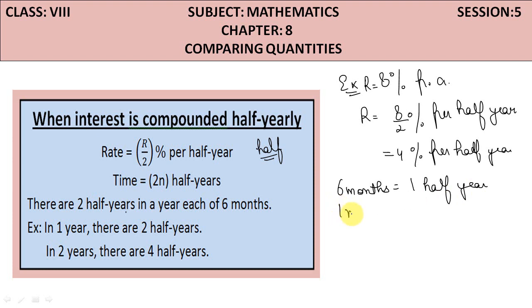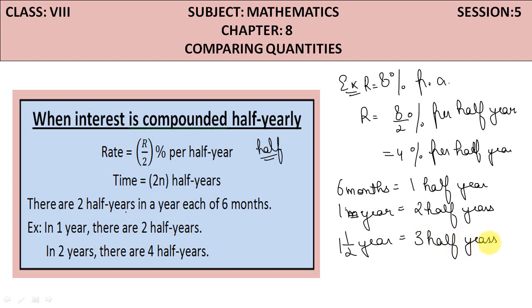In 1 year, how many half years will there be? 2 half years. If you talk about 1.5 years, how many half years will there be in 1.5 years? 3 half years. And 2 years means 4 half years.